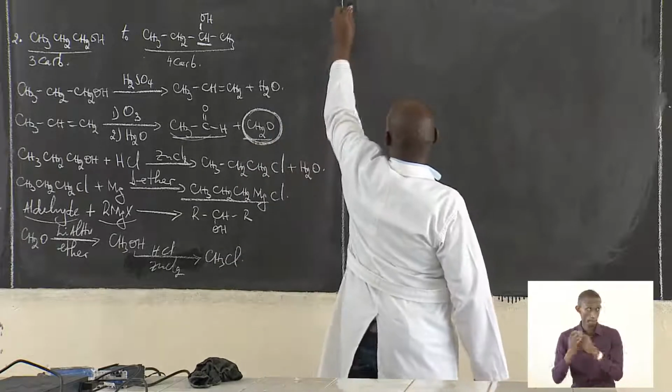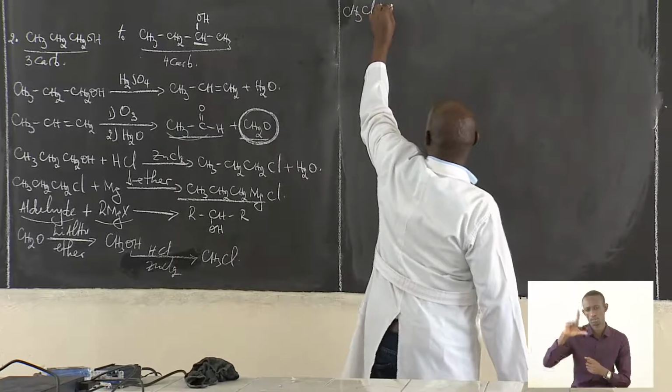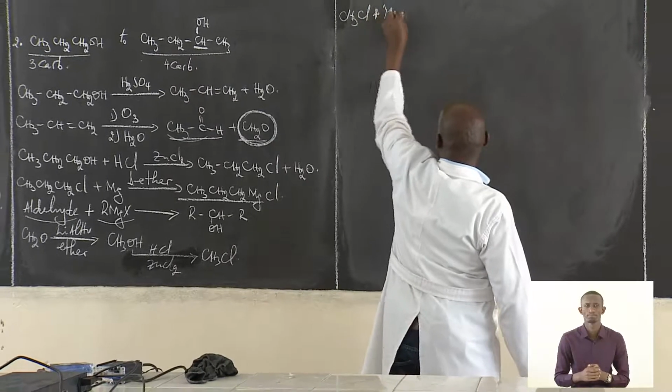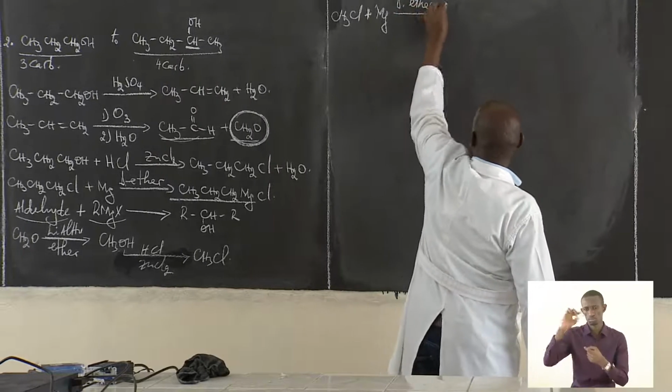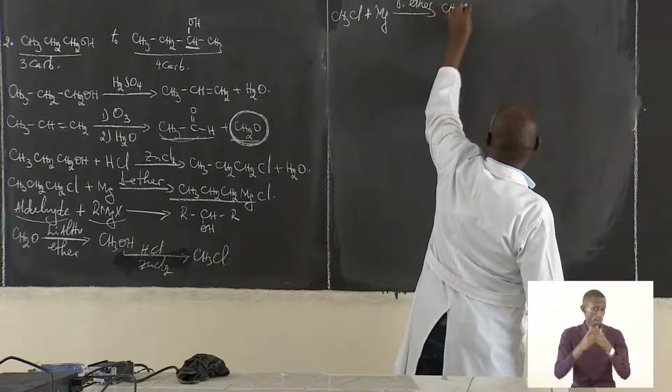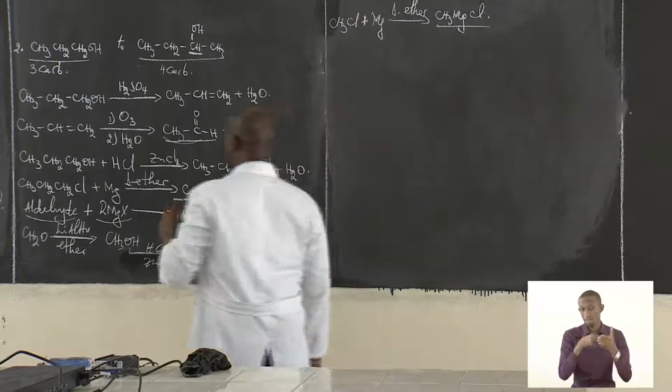And from CH3Cl, if we add magnesium in dry ether, we produce CH3MgCl. Now we have a Grignard reagent we can use.